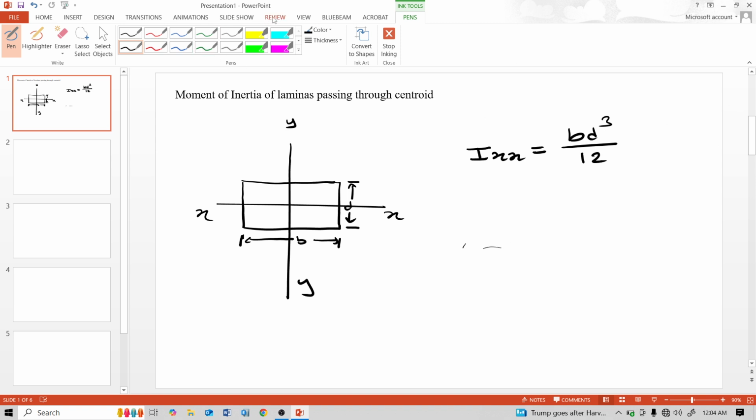And moment of inertia about y axis is Iy equal to d b cube by 12, since parallel to this y is this d side.